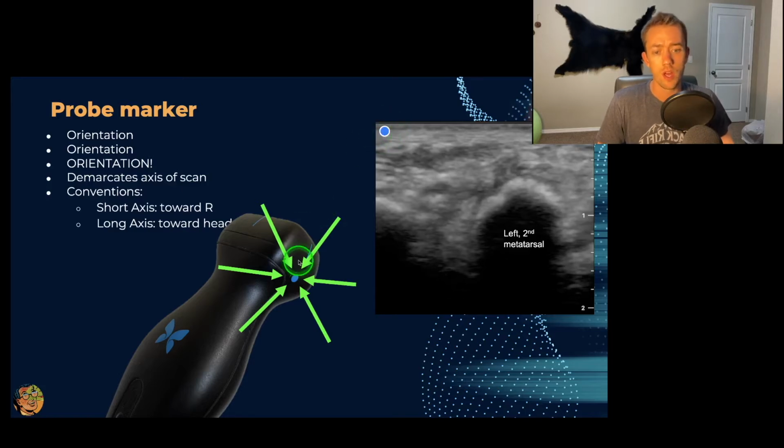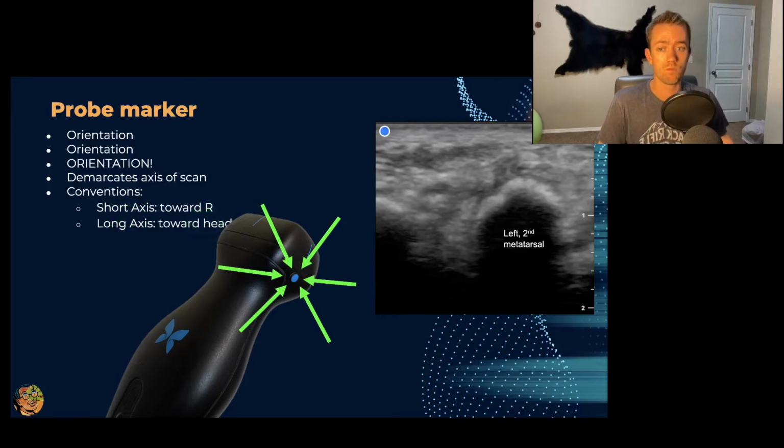So that's why we have very conventional ways to place the probe on the patient. For the short axis, the horizontal plane, you put the probe marker towards the patient's right. And for the long axis, the vertical axis, you want it towards the head.